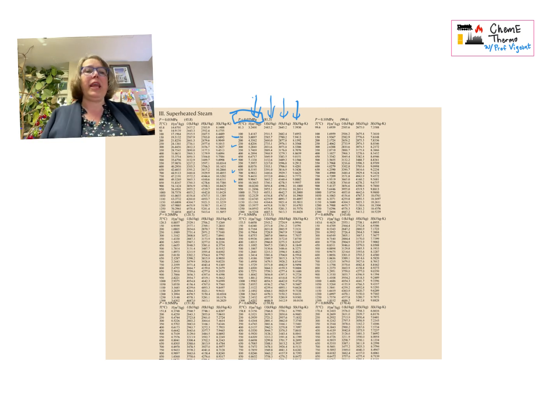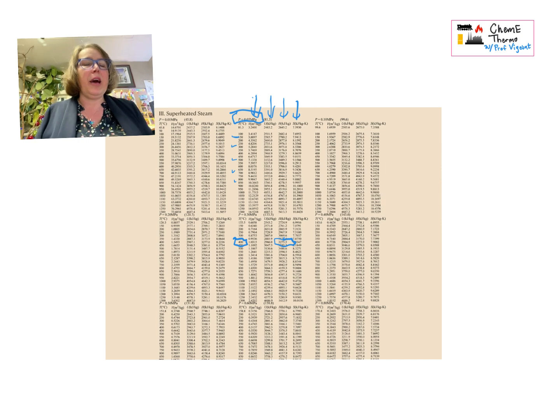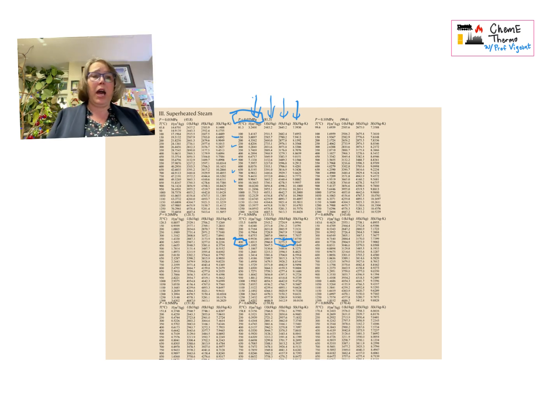So for example, if you know that your temperature is 400 and you knew that the enthalpy that went with that was 3,275.5, you would not be able to find that pairing anyplace else except at 0.3 megapascals, which is kind of where that is.